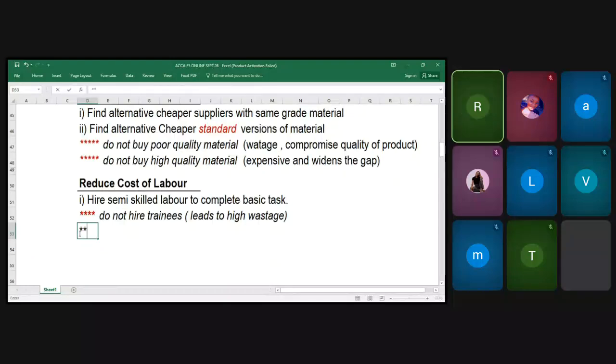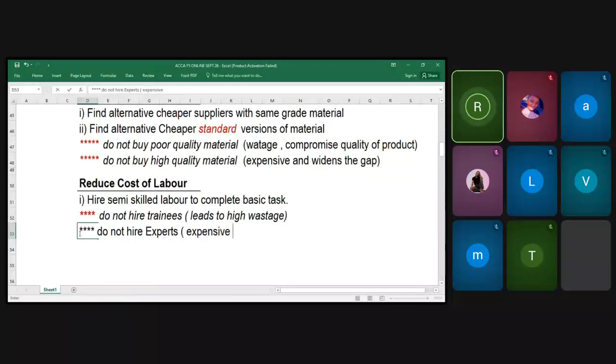Again, here, do not hire experts. What is the problem with experts? Right. Experts are expensive.